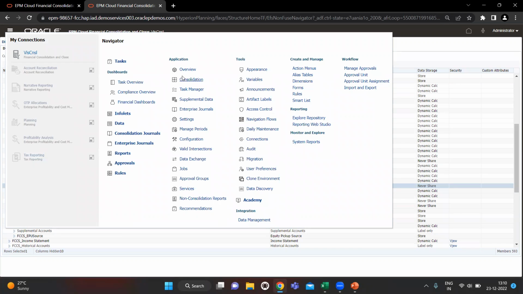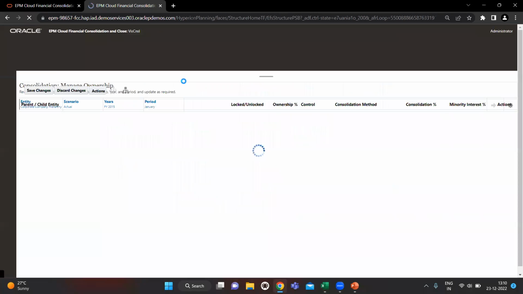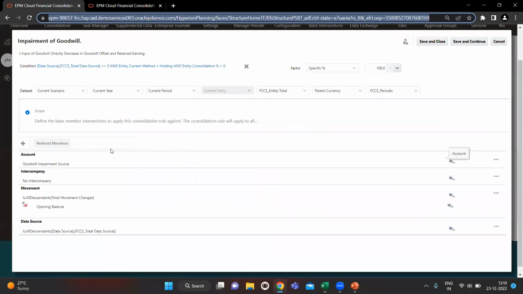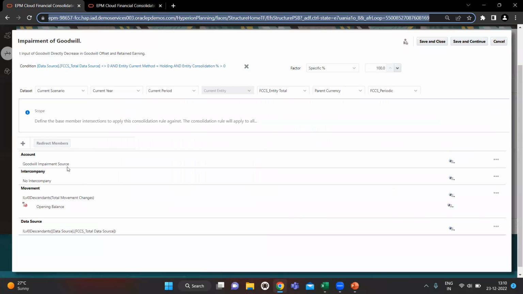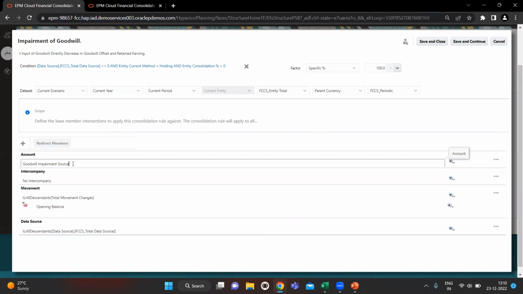Okay, let's go to our rules again. Yeah, so here you can see we have taken the amount of goodwill impairment source, and intercompany is no intercompany in my current case, and for movements I have chosen total movement changes, and yes, I have excluded the opening balance in this case.